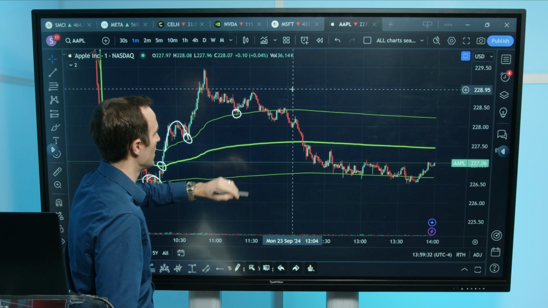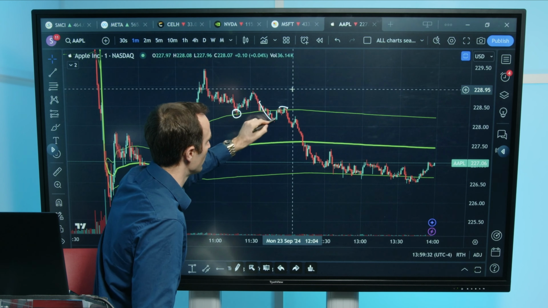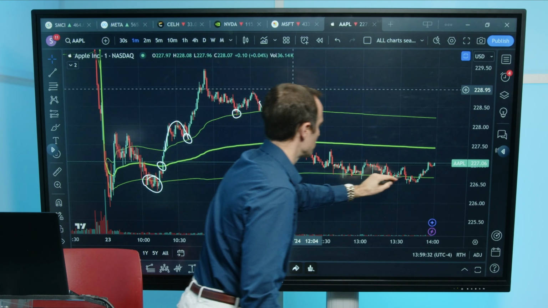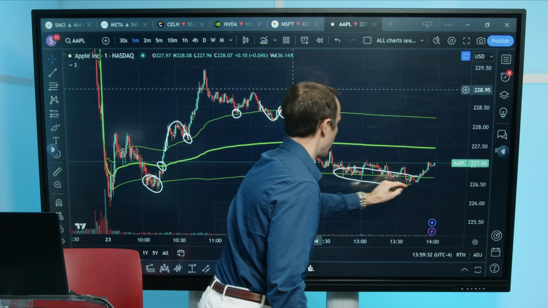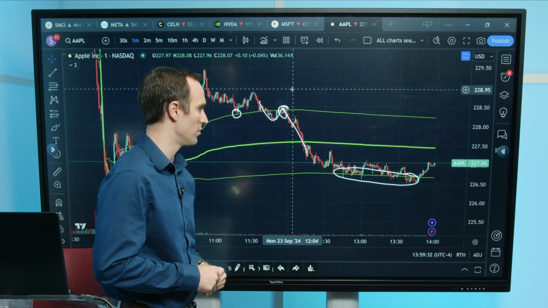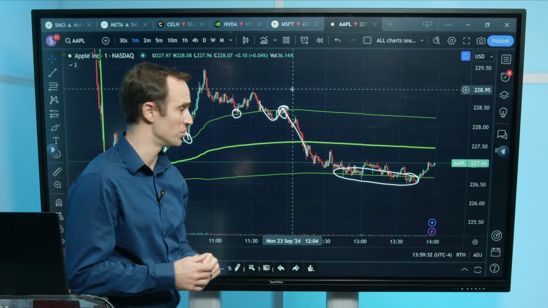Here it is, a hit here. And then look at this, we break down, retrace, and then we move lower, and we basically scale along this lower multiplier band. So you can see that the stock is basically trading within those ranges.